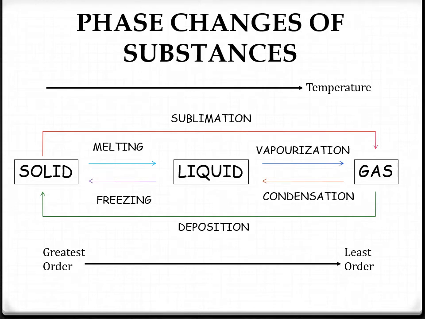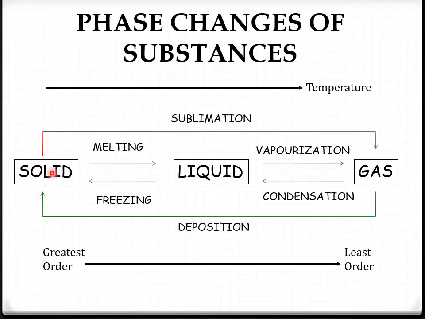We know that a phase is a physically distinctive form of matter. So we have solid phase, liquid phase, and gas phase. These three phases can transform through certain processes. As the temperature increases, the solid can undergo sublimation to form gas, and from gas it undergoes deposition to form solid back.